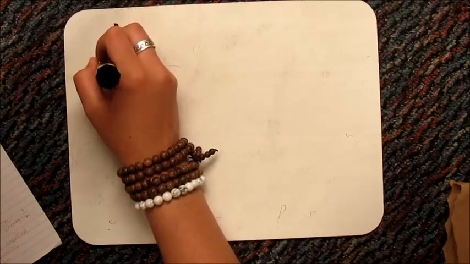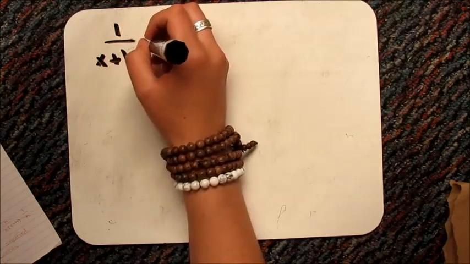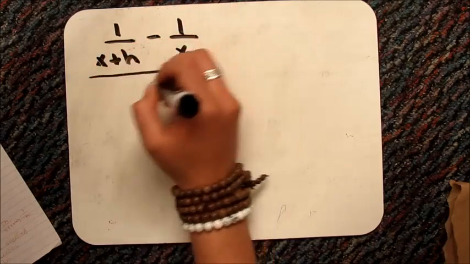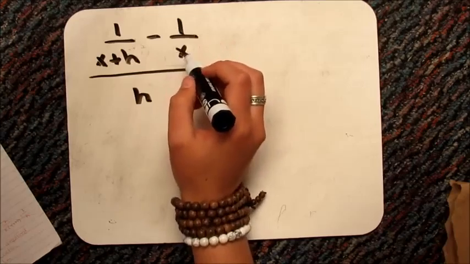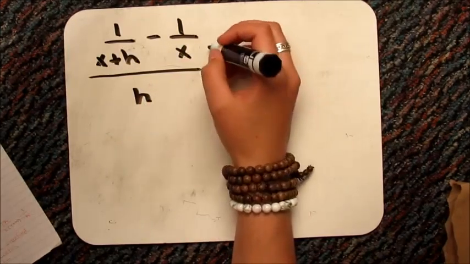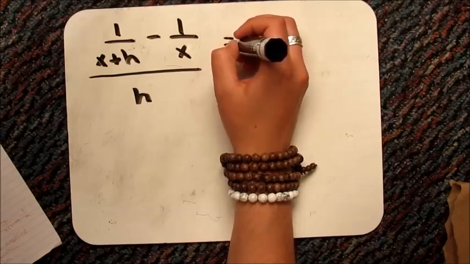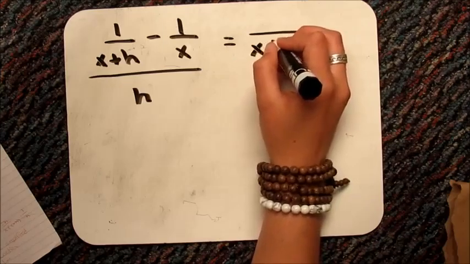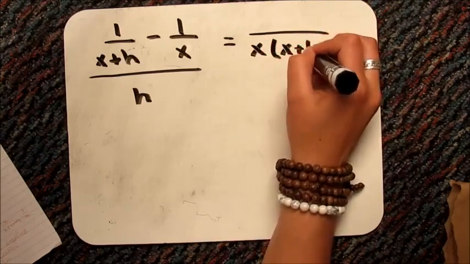So the first thing that we need to do once we have our equation all written out and we start to simplify is we need to find the least common denominator of our two functions here. And so that will equal x times x plus h.